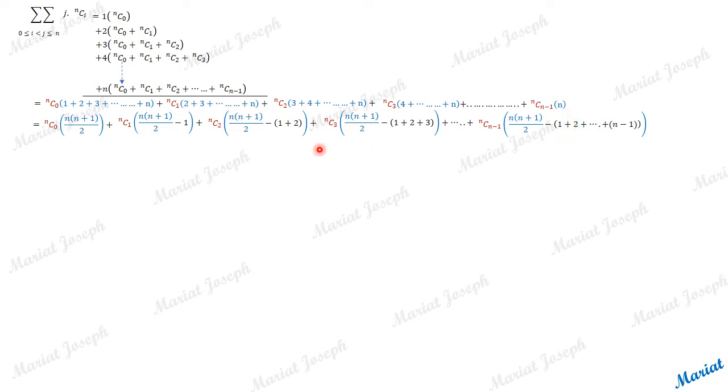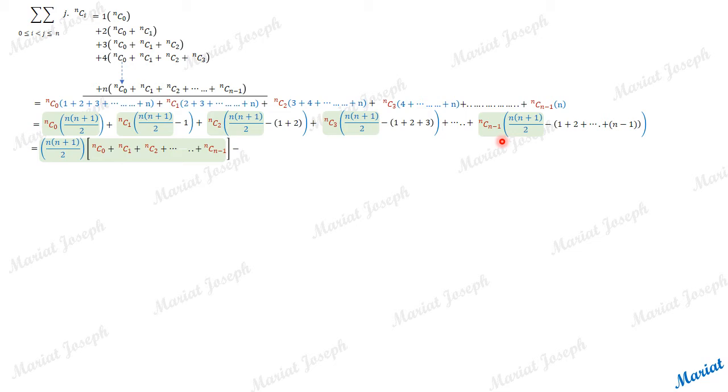Now, coming back to this. Here in these brackets we observe many like terms. NC0 these many times, NC1 these many times, NC2 these many times, NC3, this blue bracket is common. Hence, I'm going to take them common and write it like this. n into n plus 1 by 2 is common, times NC0 plus NC1 plus NC2 plus etc. till NCn minus 1.